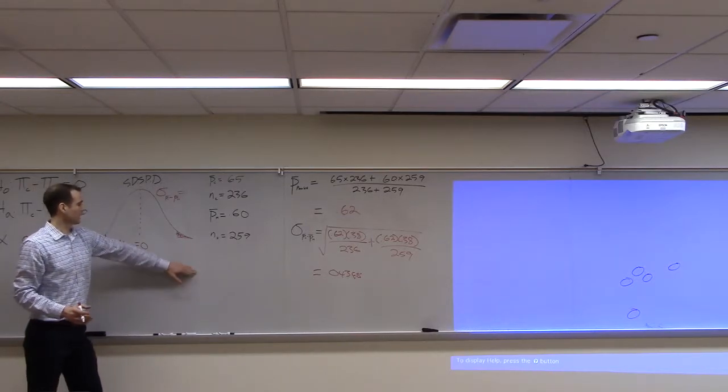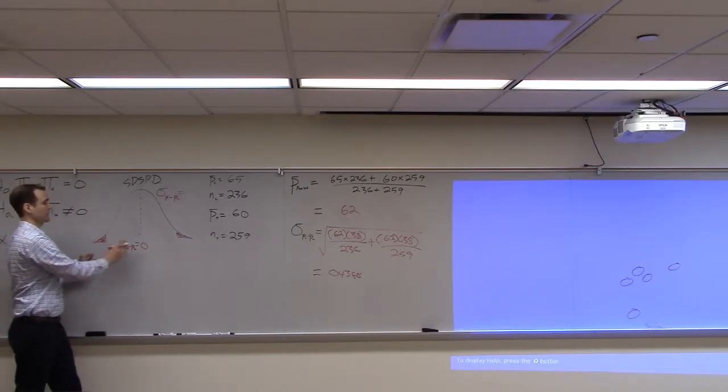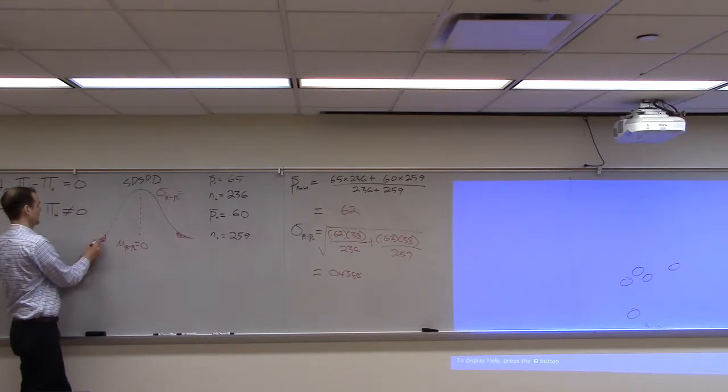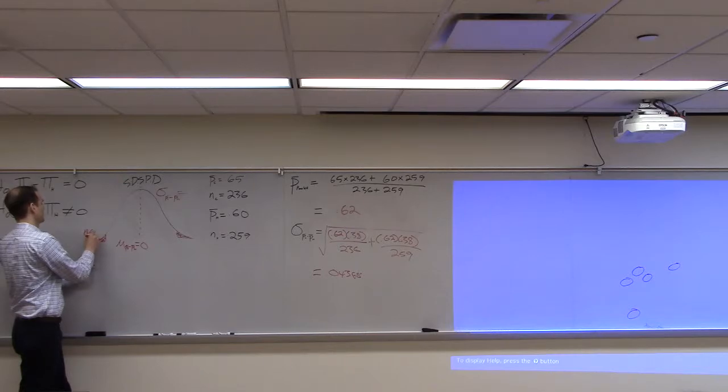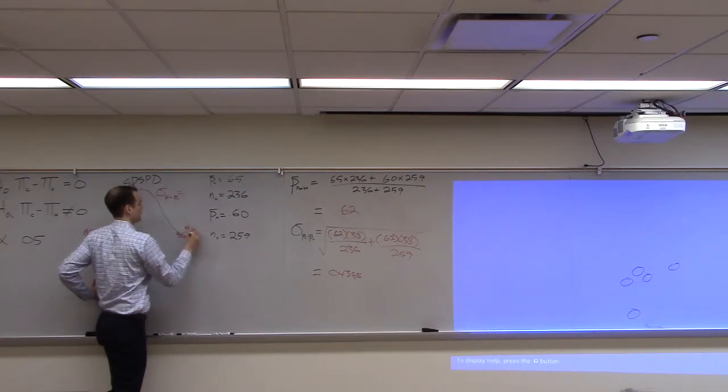So now, I need the z-value that separates the bottom 2.5% and the upper 2.5%. This is my rejection region, and it's 2.5% of the outcomes. Same up here is my rejection region upper, 2.5% of the outcomes.